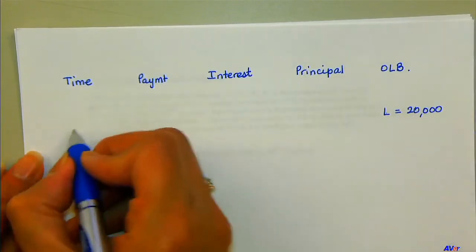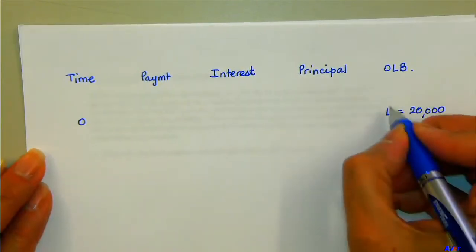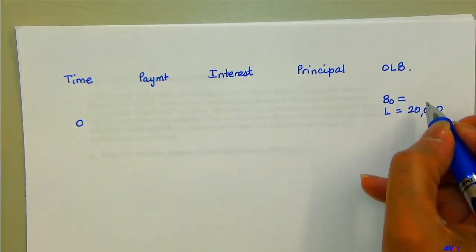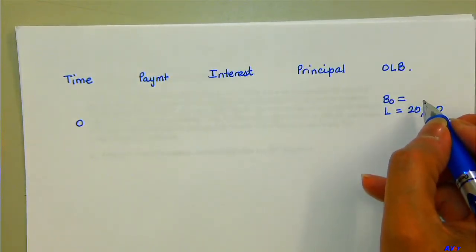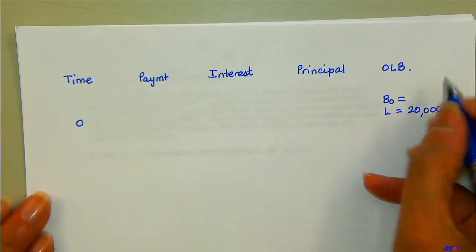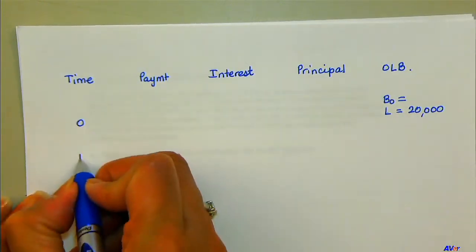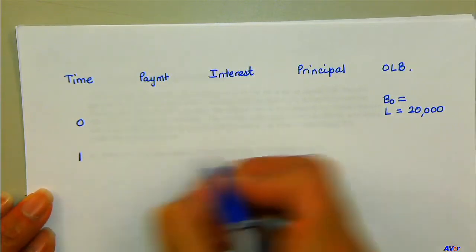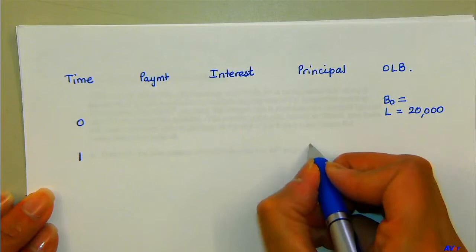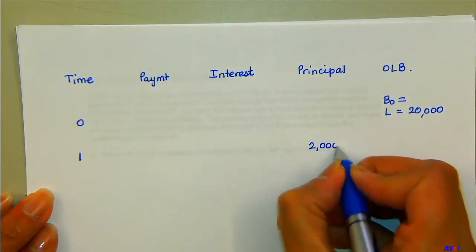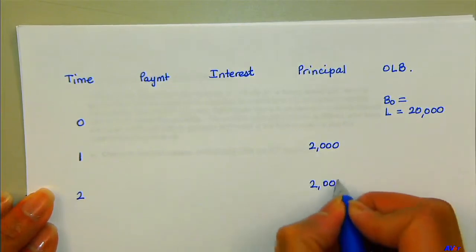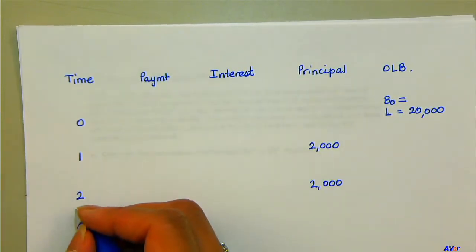That's my B_0. So time 0, B_0 equals 20,000. At the end of each year, 2,000 of principal is paid. So at time 1, payment, I don't know what it is. Interest, I don't know what it is, but I do know that a principal of 2,000 was paid. And that's the case for every year. And this goes on for a bunch of years. I'm going to stop at, let's say, 3.